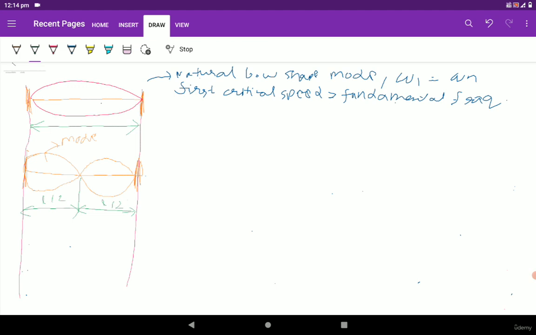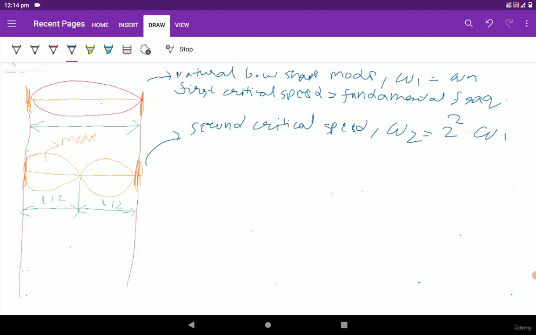So the second critical speed is equal to omega 2, which is 2 square times omega 1.